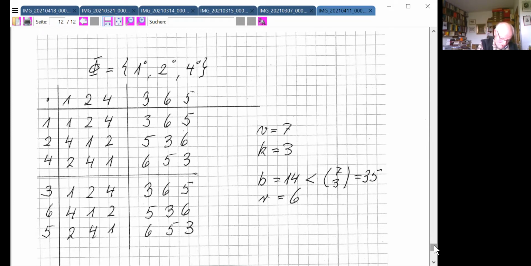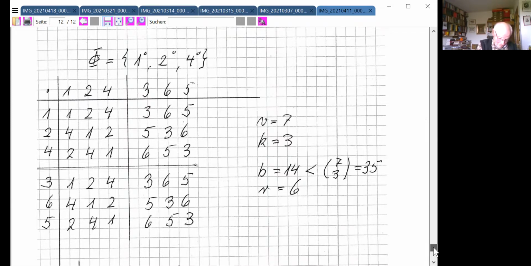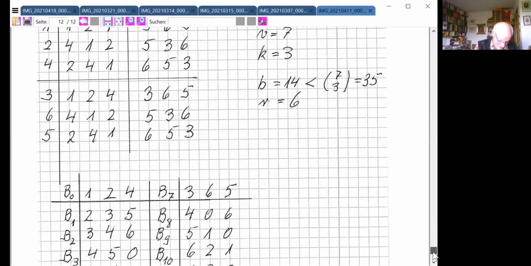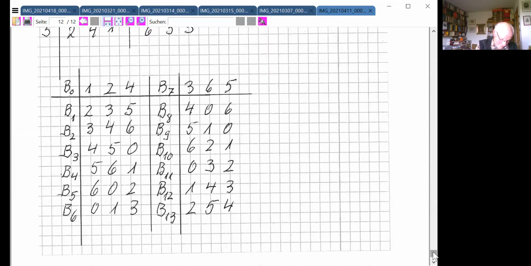You just have to add the elements of the additive group, practically the smallest positive residues modulo 7. Adding 0 doesn't change anything.